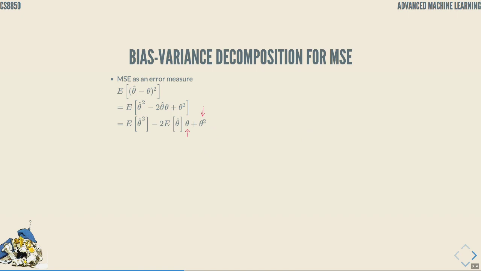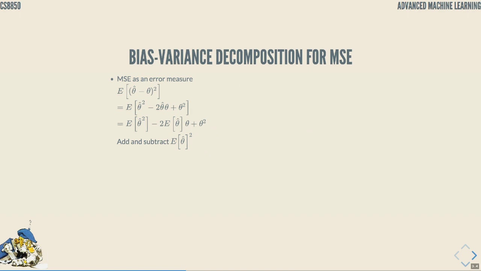This is nothing but our mean, or the center of mass of our parameter estimates for each of the data points. We use the same trick as before.